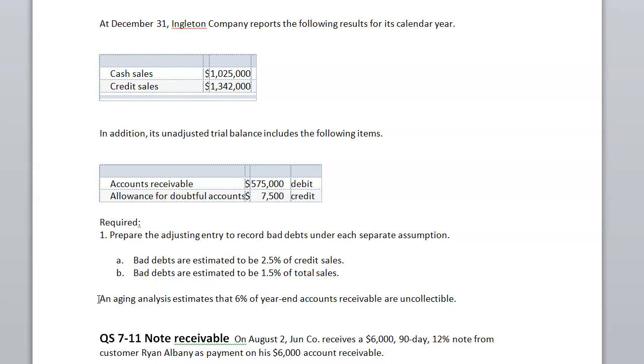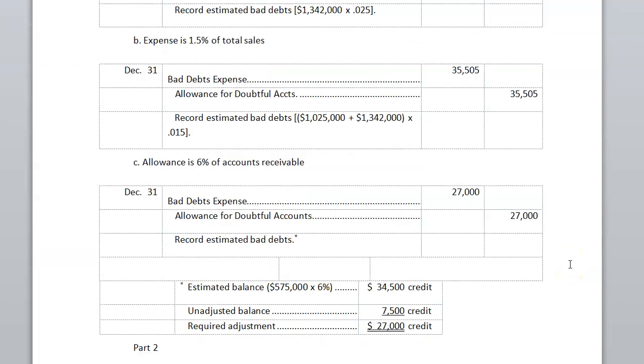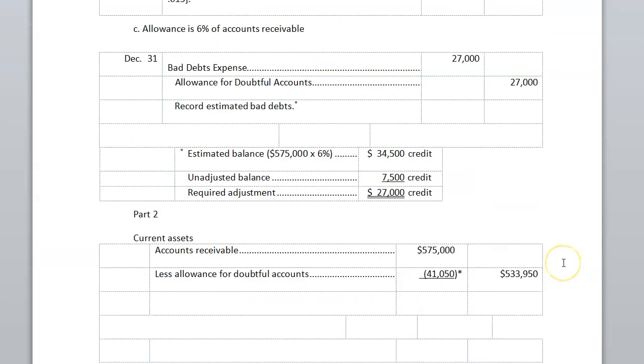The aging analysis estimates that 6% of year-end accounts receivable are uncollectible. So we're going to take our accounts receivable balance, $575,000. We're going to multiply that times 6%. Right here, and we're going to get 34,500.